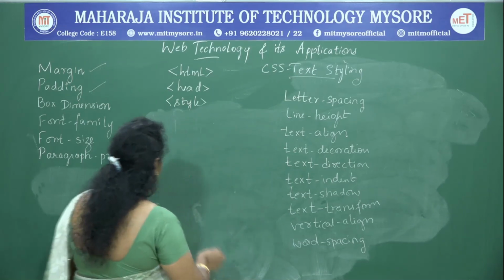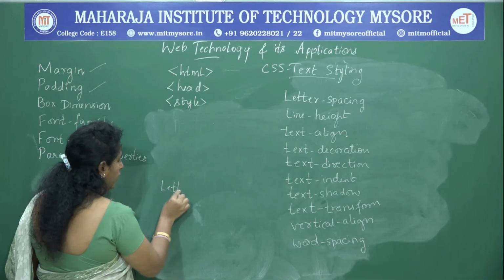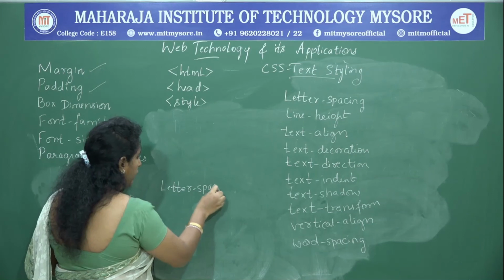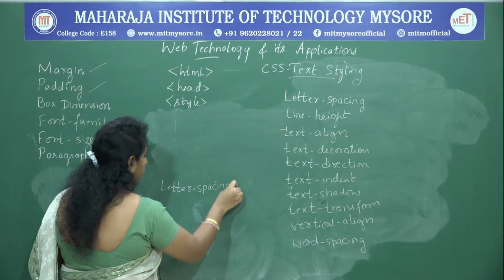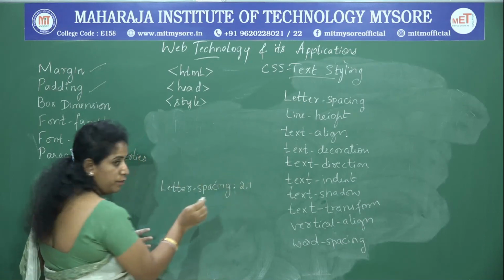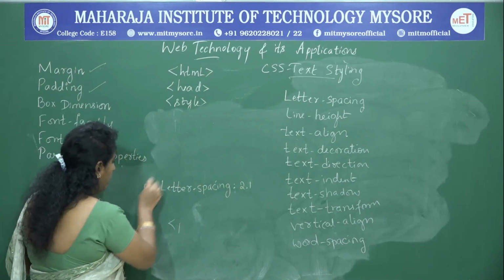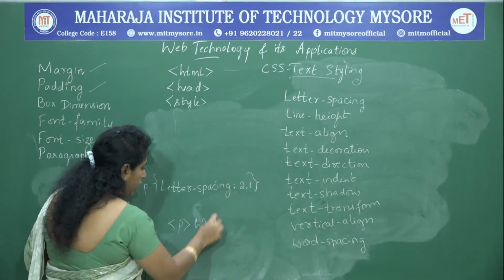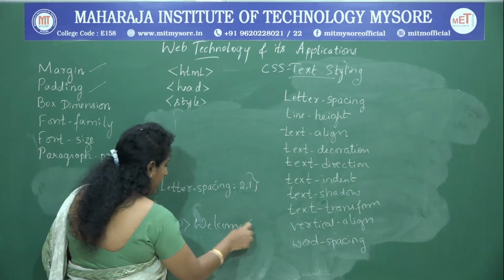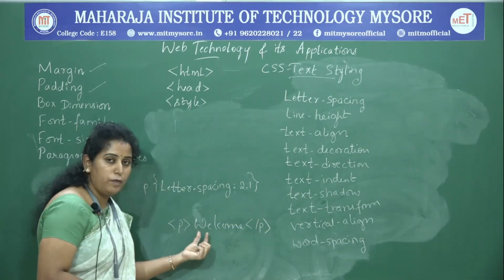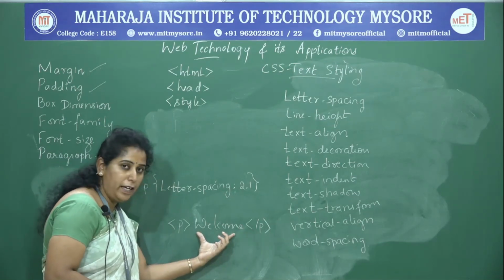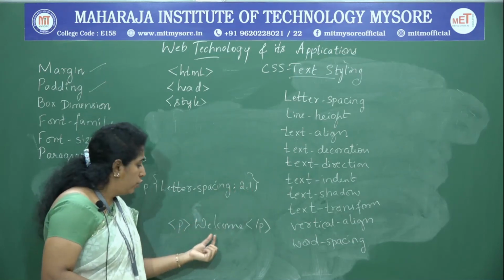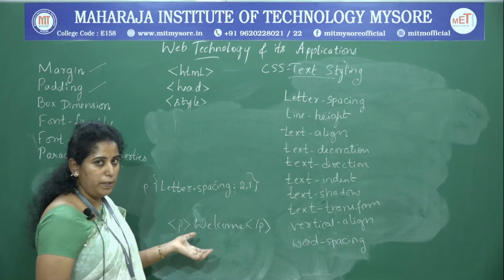I am not going to code the program, I will just give an example, letter spacing with a value like 2.1. If a paragraph has the message welcome, in between each letter of the paragraph there will be a letter spacing of 2.1. This is letter spacing.